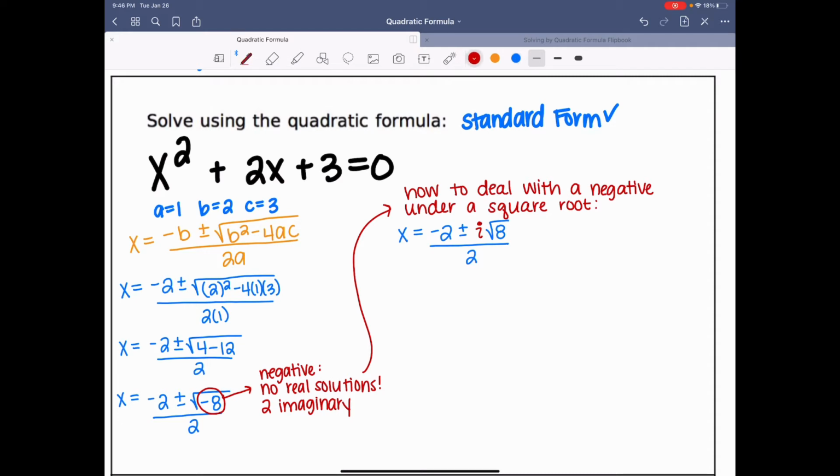Okay, so at this step, all I did was take the negative out and make it an i.